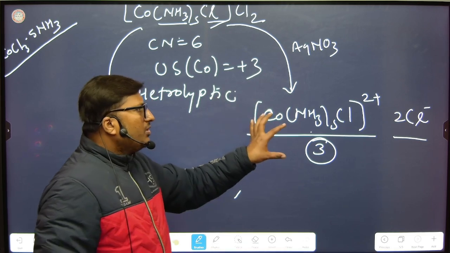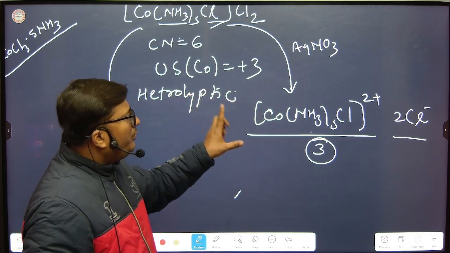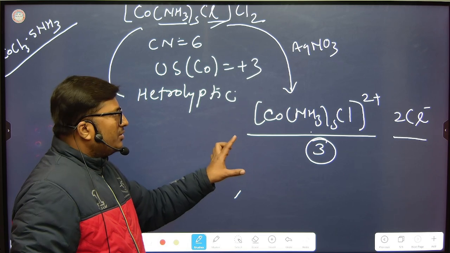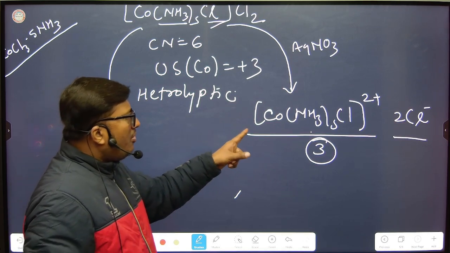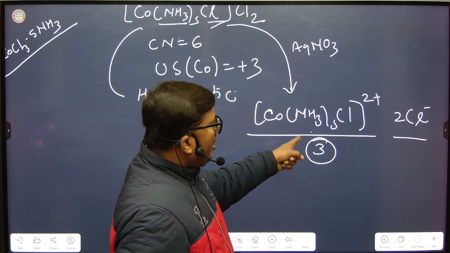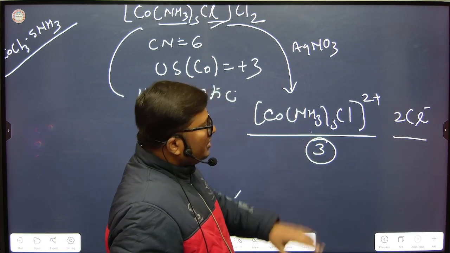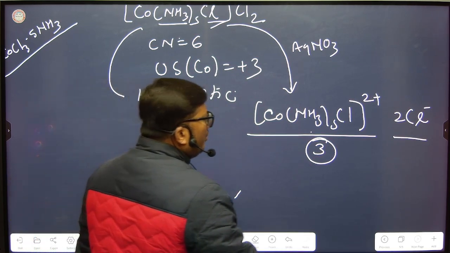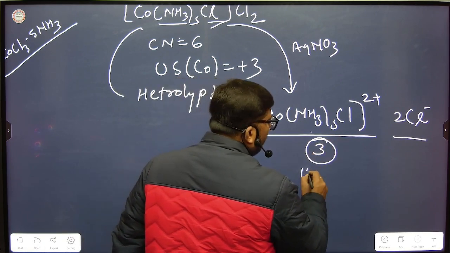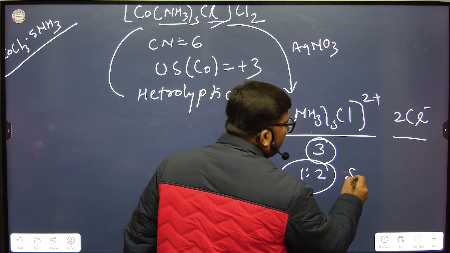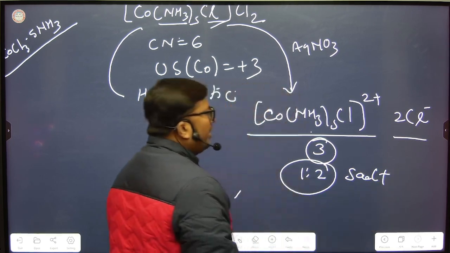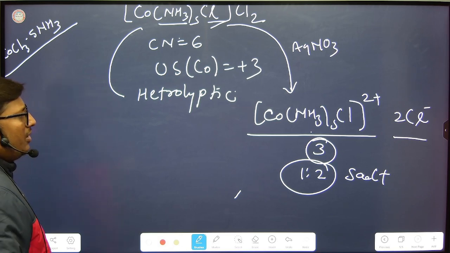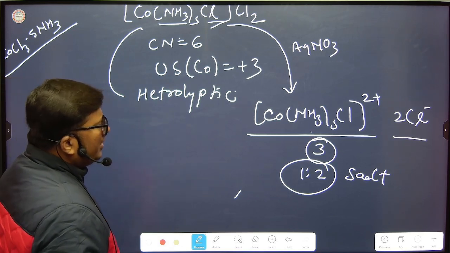For this compound, the measurement of the number of ions was performed by Werner, and he found there are 3 ions present in the aqueous system. So it indicates a 1:2 type of salt, right? So here 3 indicates that the total number of ions is 3.